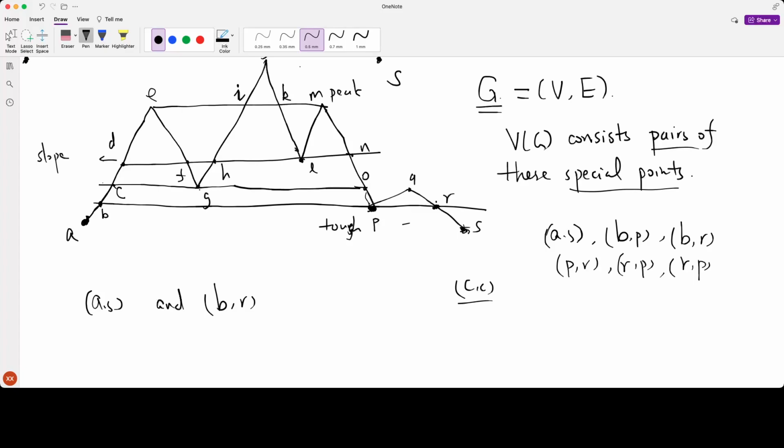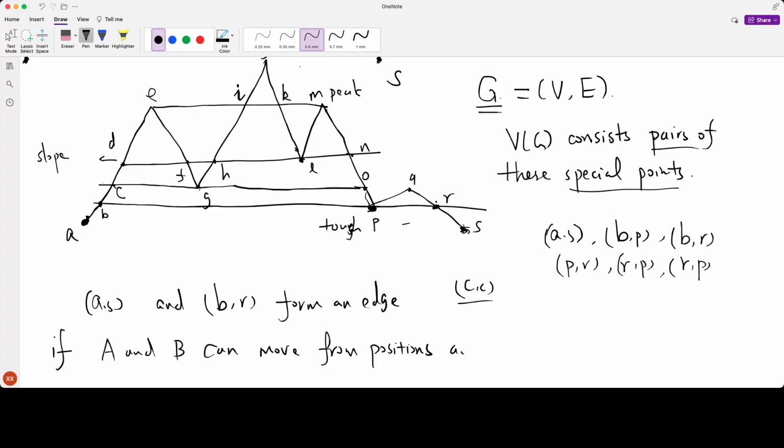And if I look at my graph, I say they form an edge if the 2 people A and B can move from positions AS to BR in one step, meaning that it's allowed by our rules that the first person A and B move from the position AS to BR.